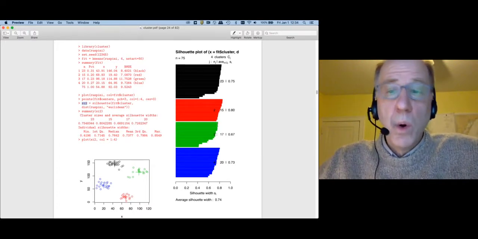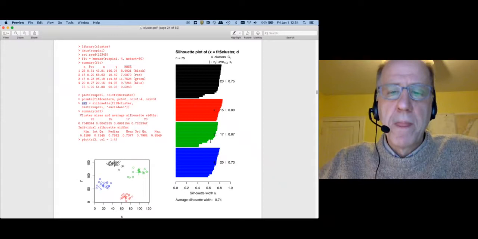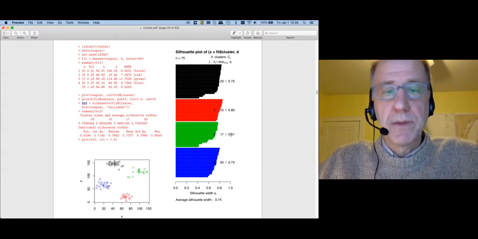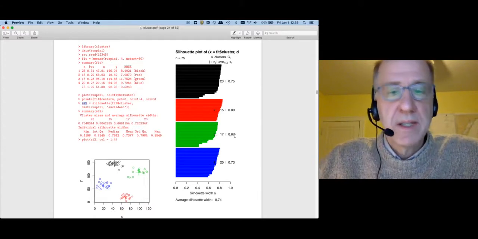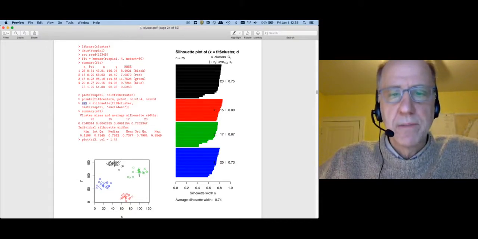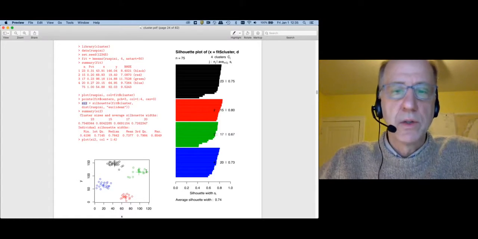cluster has a whole lot of observations with very large silhouette statistics, but also a handful that are kind of mediocre. In fact, the average silhouette statistic for the green cluster is only about 0.67. That's reflecting these observations that don't quite fit in the green cluster as well as these other cases do.